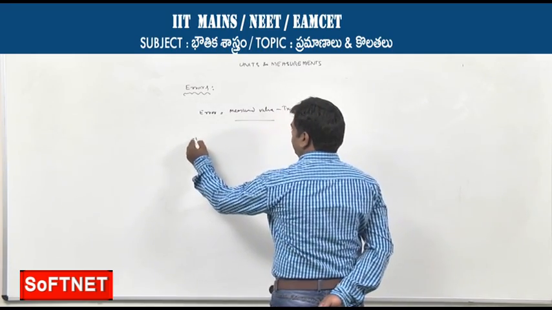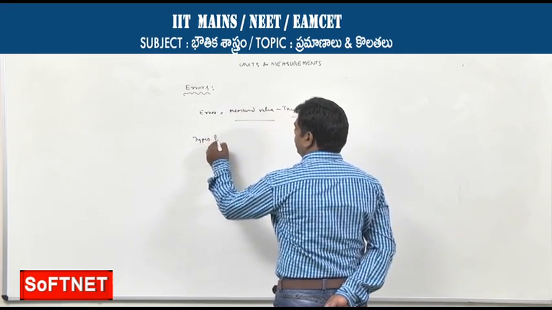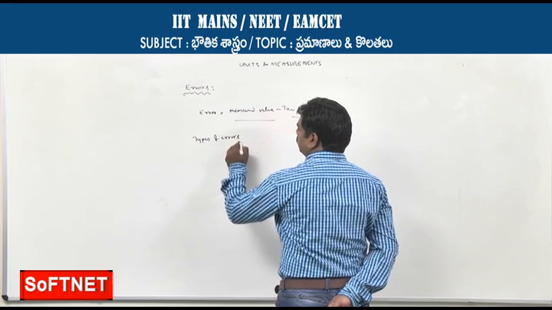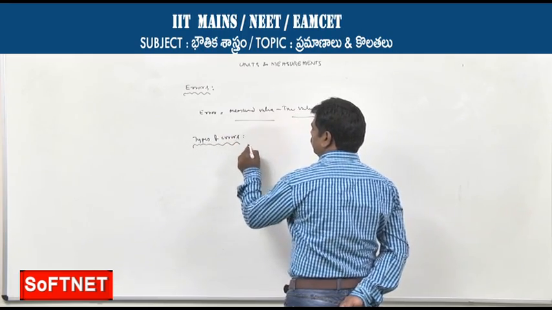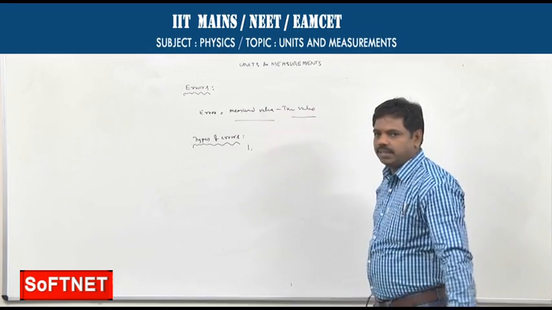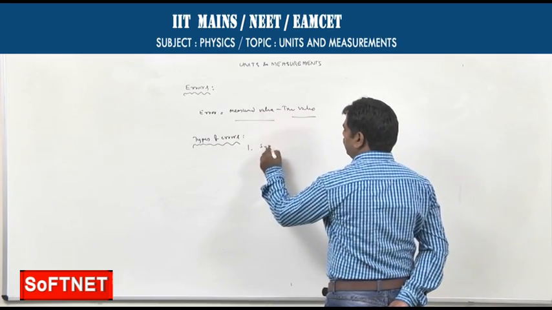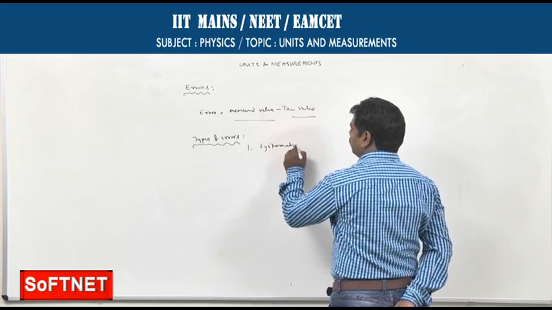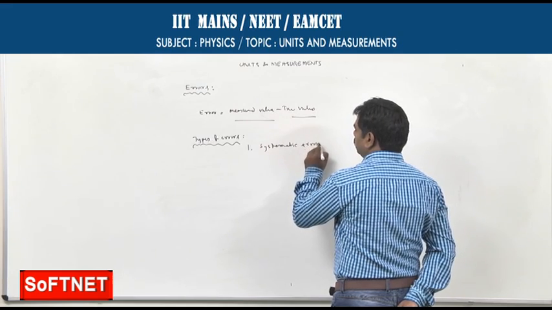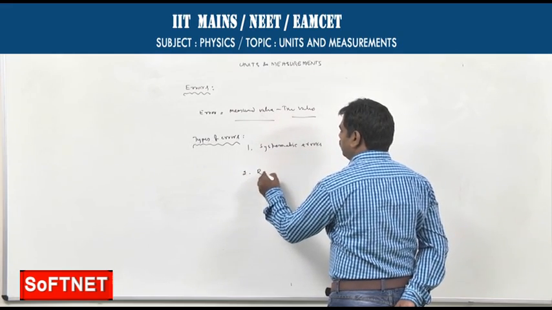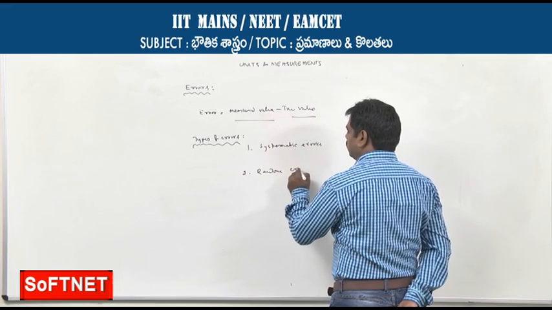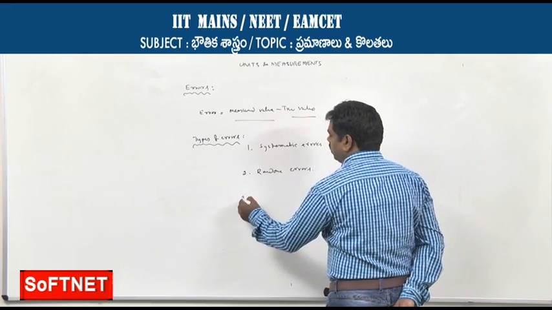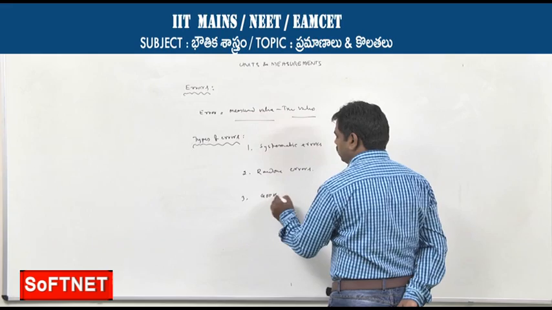Already you have studied in regular classes the types of errors. What are the types of errors? You know that systematic errors, random errors, and the third one is gross errors.